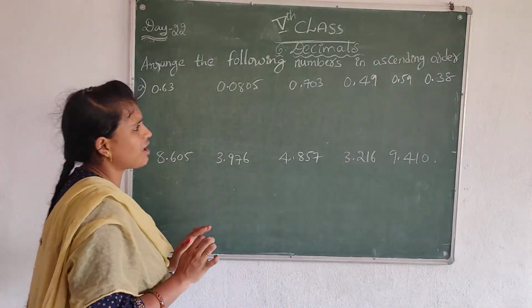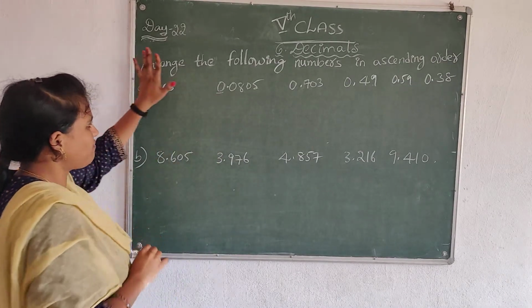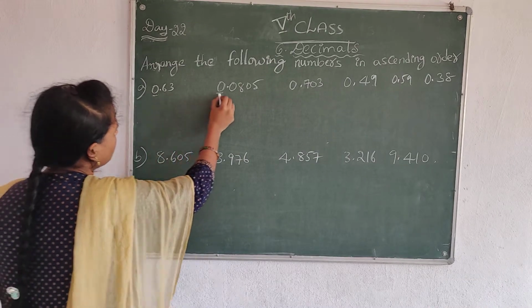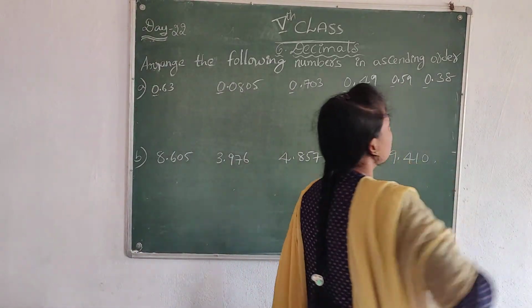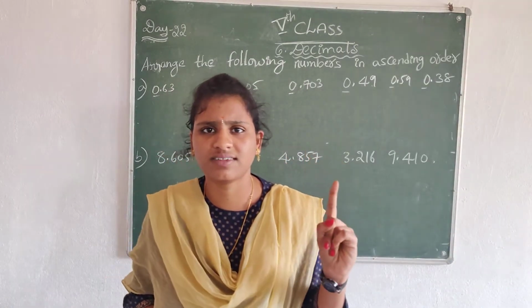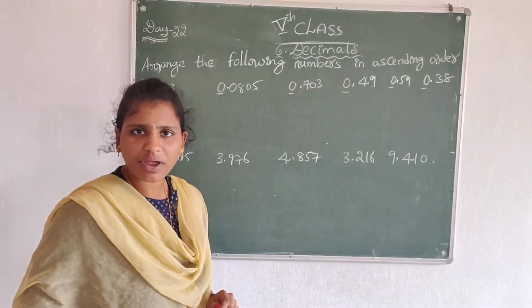Let's first observe the left side first digit, that is here 0. First observe the whole number left side first digit, that is here 0, right?